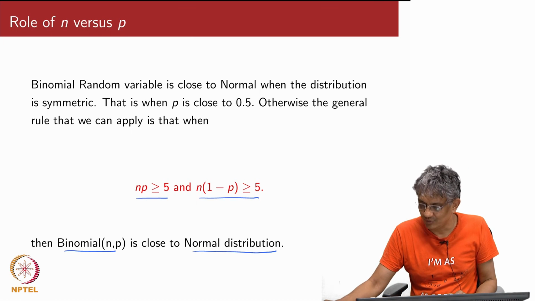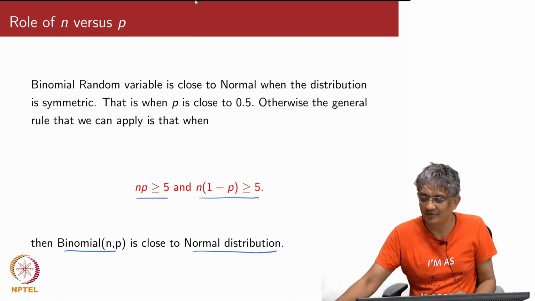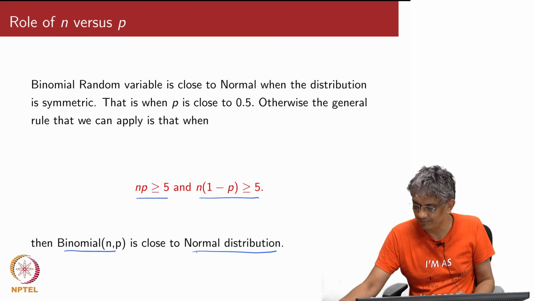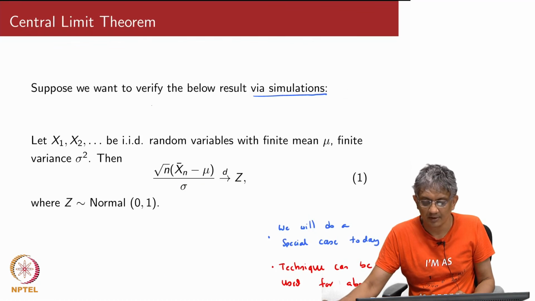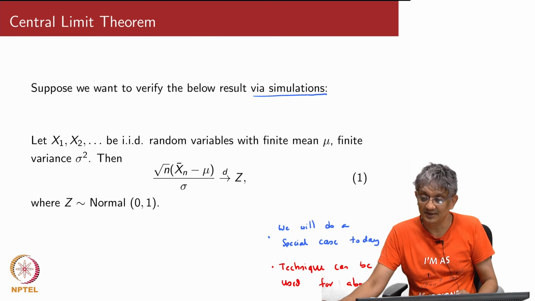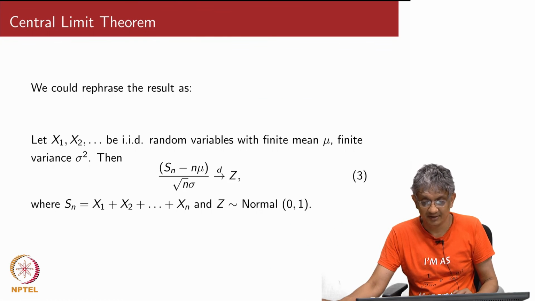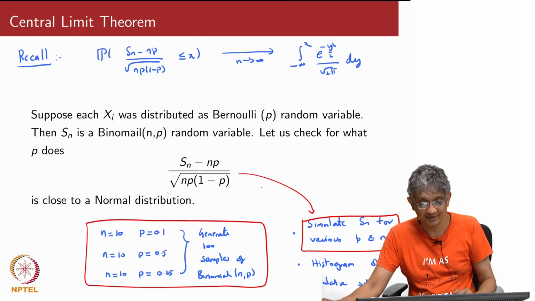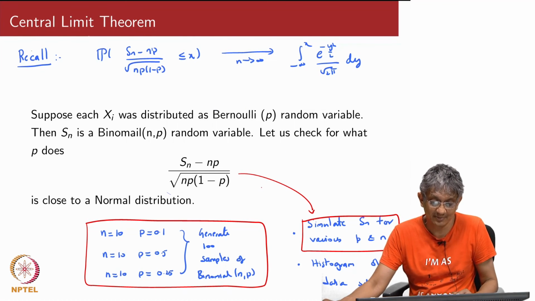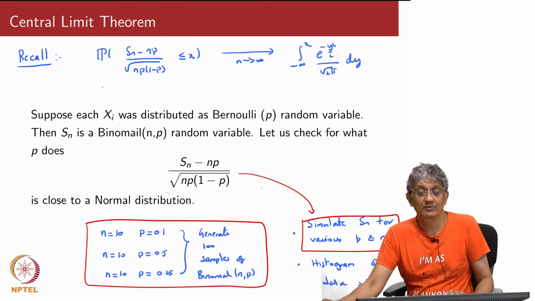Just to quickly recall, we start off with this first slide. The idea is how do I verify this, and to verify it one has to look at the histograms of the standardized binomial distribution, that is Sn minus np divided by the square root of np times 1 minus p.